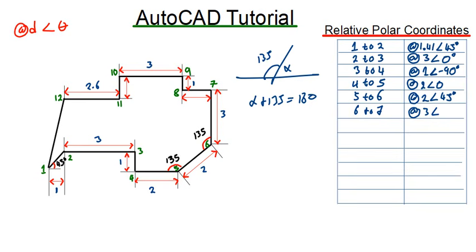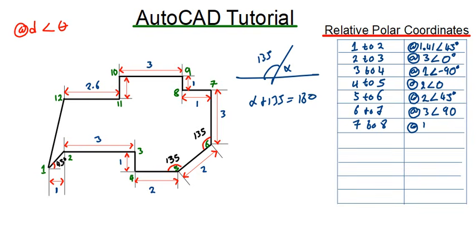I will just say positive 90. Then let's look at from 7 to 8, which is also pretty straightforward. I forgot to put that distance. The distance is actually 1 as well. So this is a 1 right here, so at a distance of 1.